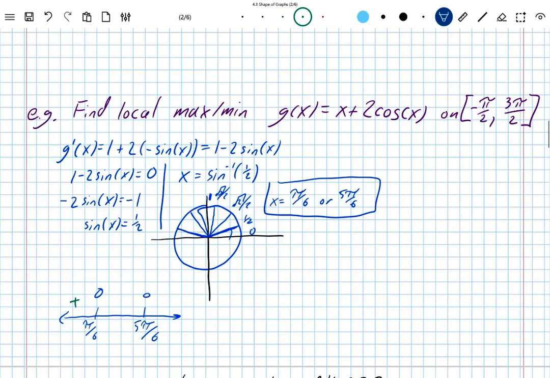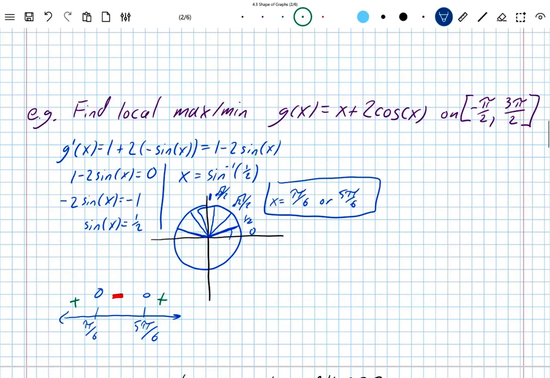If we plug in maybe a number in between, like pi over 2 into this derivative function, sine of pi over 2, that's at the very top of that unit circle, right? 0, pi over 2, pi. That would give us a 1, because that's the y value. So I'd get a negative 1 there. So it's a minus at pi over 2. And then if I plug in pi, that's a better choice, then I would get just a 1 again. So it's going to go plus, minus, plus.